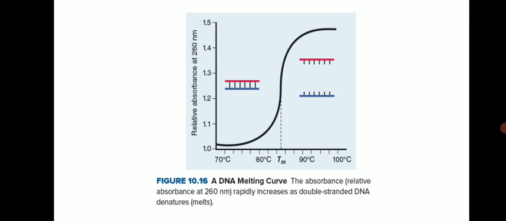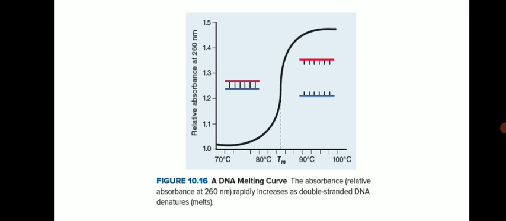The temperature at which the two strands completely separate is known as the melting temperature, abbreviated as Tm. And if you allow the DNA molecule to cool, the strands can rejoin to form a double stranded structure. So this is the DNA melting curve.